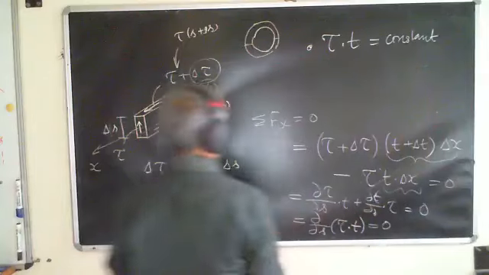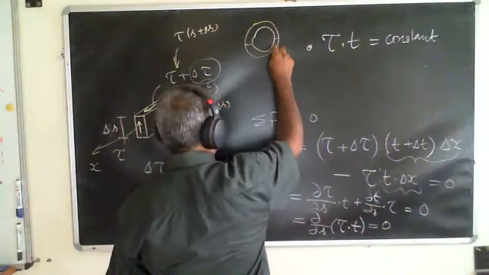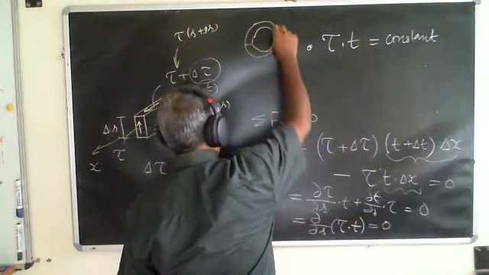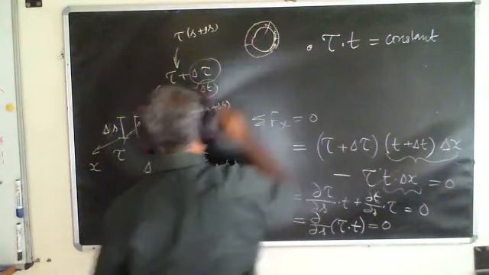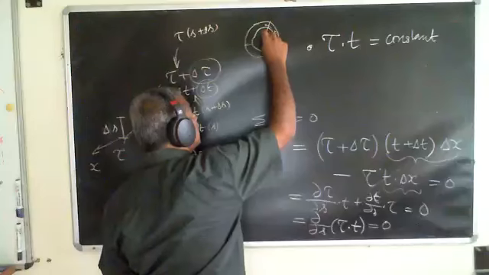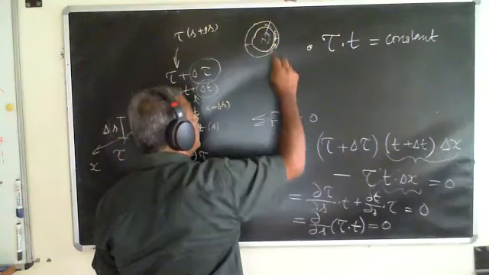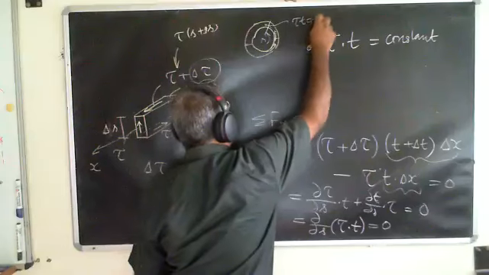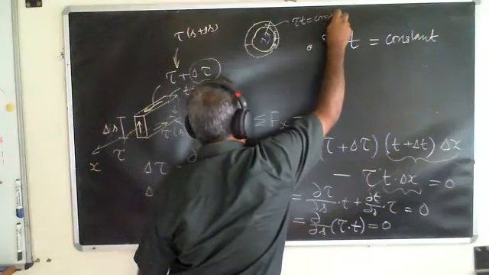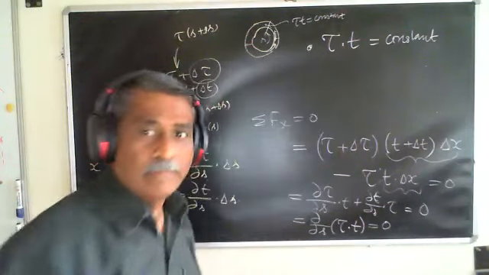What do I mean by that? If I take any point, any s along this, so this is the s, I know that tau times t is a constant. Okay.